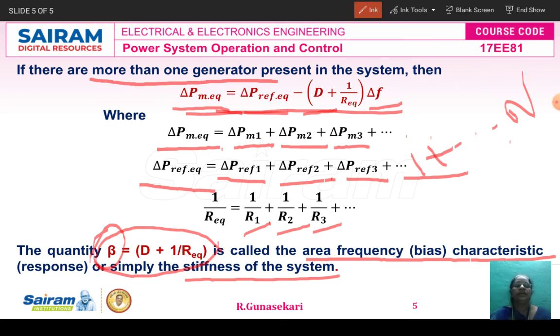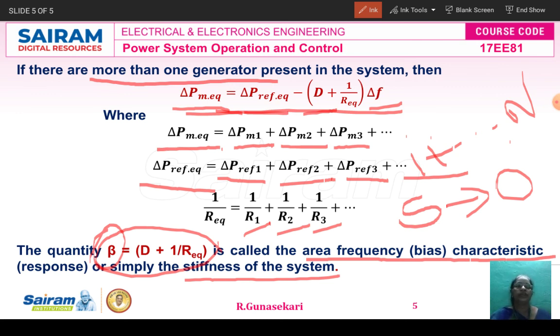Dear student, in this lecture video you clearly understood the concept of steady state performance of the automatic load frequency control loop. Steady state means, once again remember, in place of the Laplace variable small s, substitute 0. Subscript 0 denotes the steady state. And the ALFC loop is an open loop, not a closed loop.